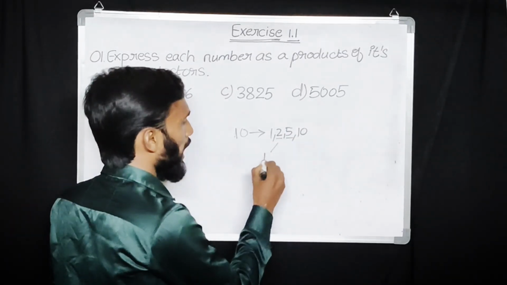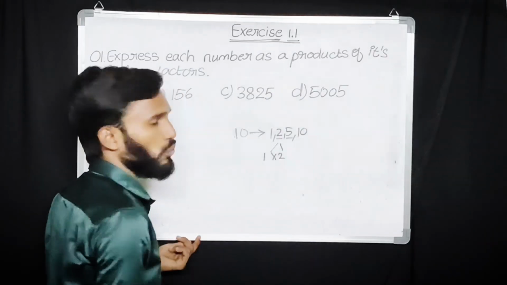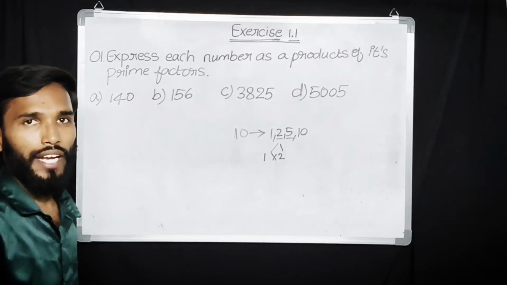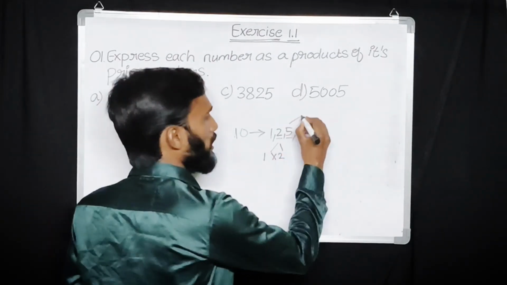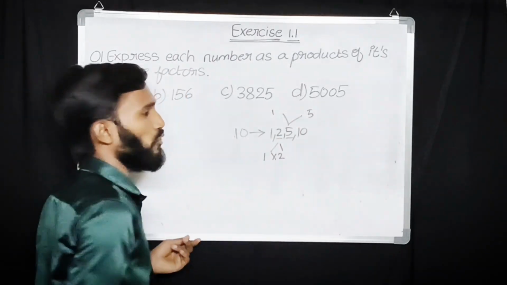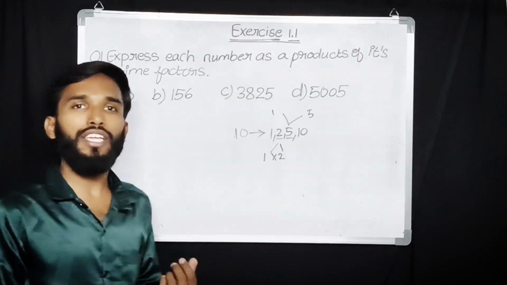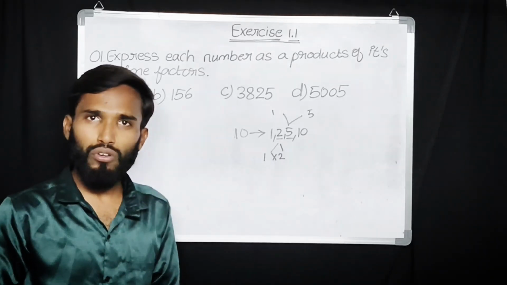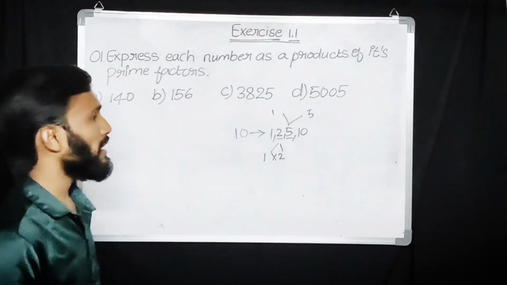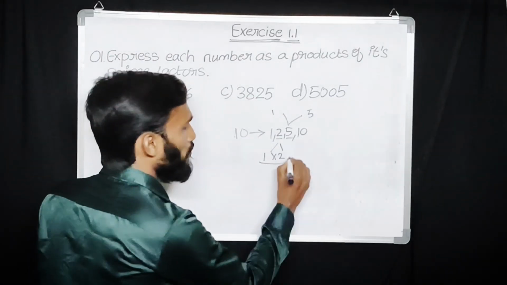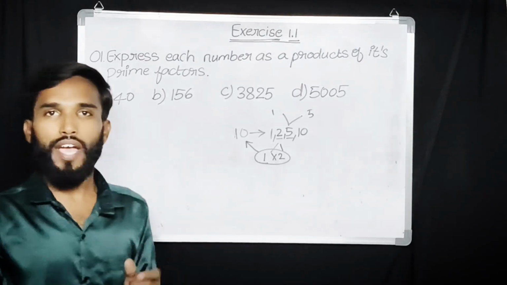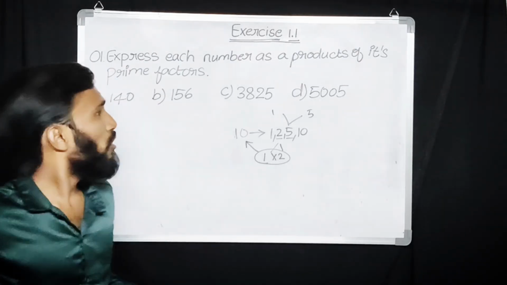Because 2 only has the factors 1 and 2, and 5 has only 5 and 1. A number having only 1 and itself as factors is called a prime number. Writing a number as a product of its prime factors is what we do here. Now we have 4 problems.